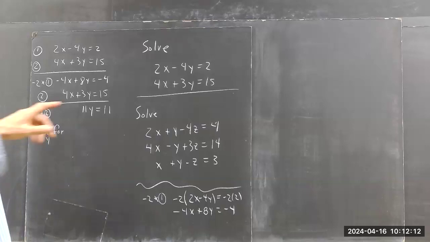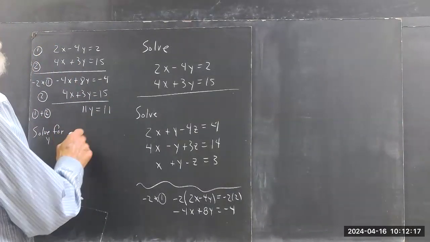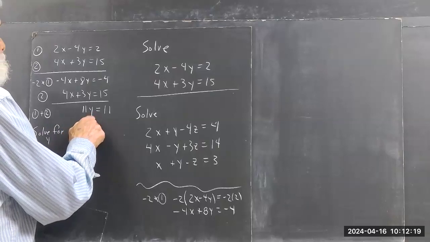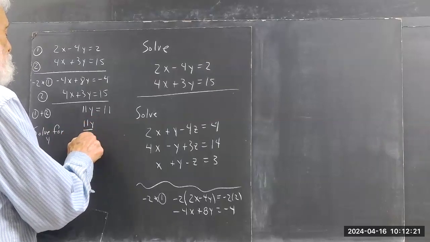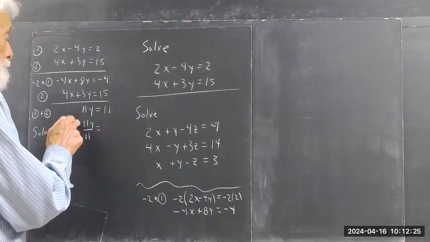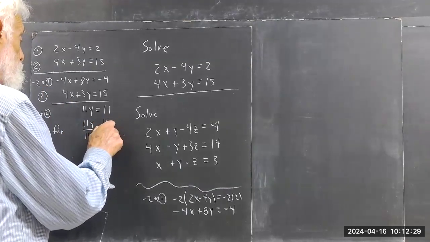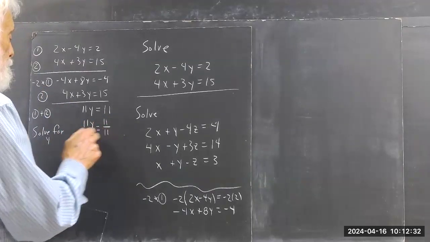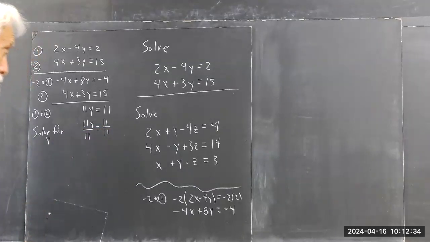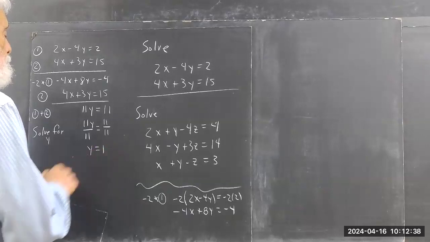Half the class was able to solve this equation, while the other half is still thinking about it. Divide 11y by 11, and 11 divided by 11 is 1, so we end up with y. And of course, we have to divide both sides by 11. That's going to give us y equals 1.